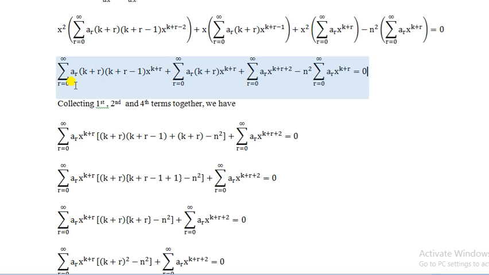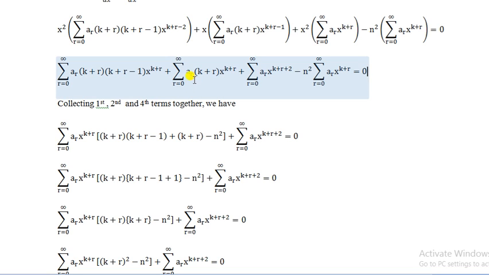So here the common term is ar x raised to k plus r, which is the common term. In the first summation, the remaining terms are k plus r and k plus r minus 1.